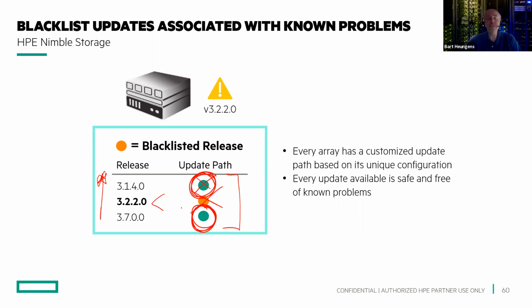So it is perfectly possible that with two customers with Nimble arrays, for one customer 3.2.2.0 is supported, but for the other customer it is not supported. Why? Maybe one customer is running VMware and the other one is running Linux or Windows or another version, right? So that's all done automatically, right?